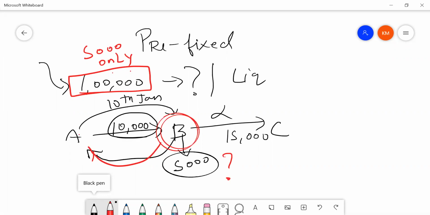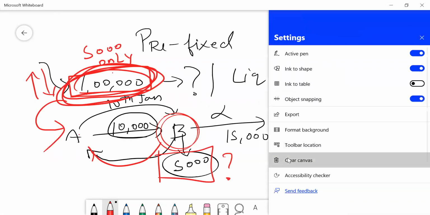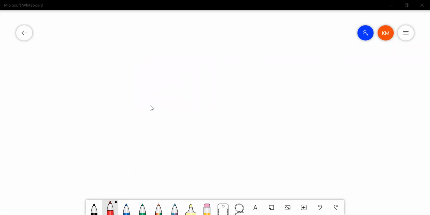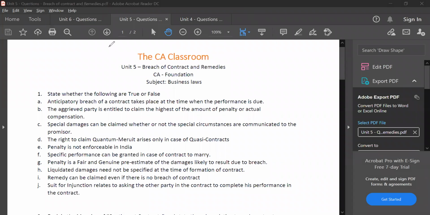Whether the 1 lakh is penalty or prefixed damages depends on the facts of the case, whether it is a high amount or low amount, whether it is kept to scare you or just kept to claim the compensation lost. This is the concept of prefixed damages. I hope I'm clear in this. Let's go back to the questions. So if you see this question, the aggrieved party can only claim the highest amount of penalty or actual damages? No, he will only get the actual compensation.